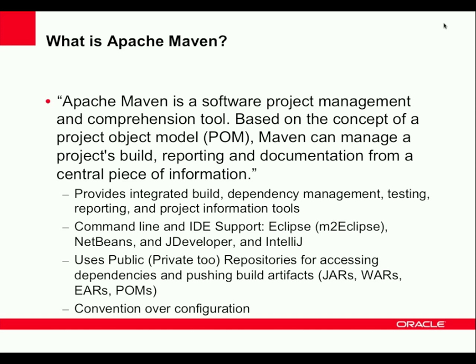And what it really is designed to do is give you an out-of-the-box, quick, up and running build system that also includes reporting and documentation generation, from the central project object model configuration file. So you can easily build.